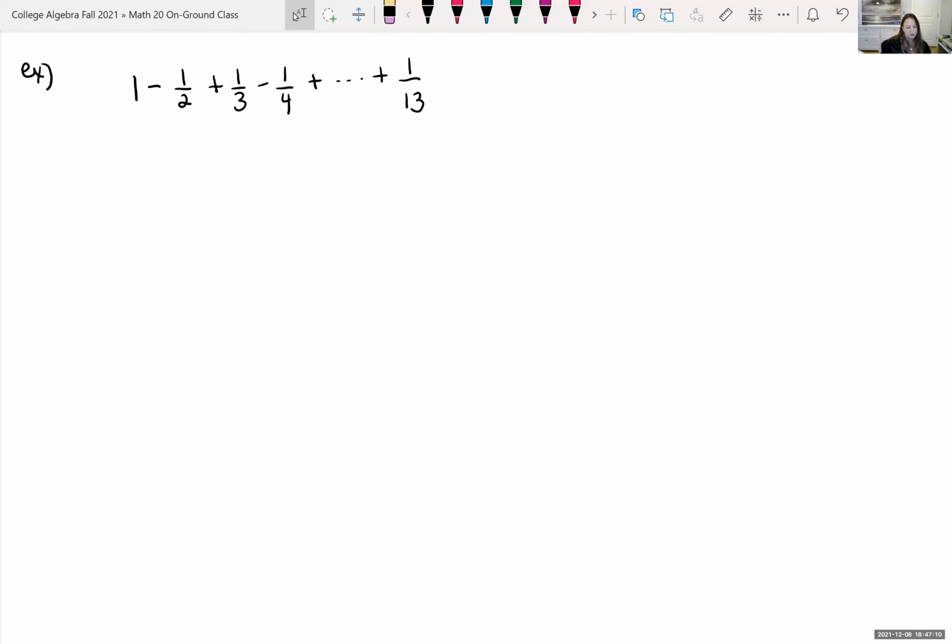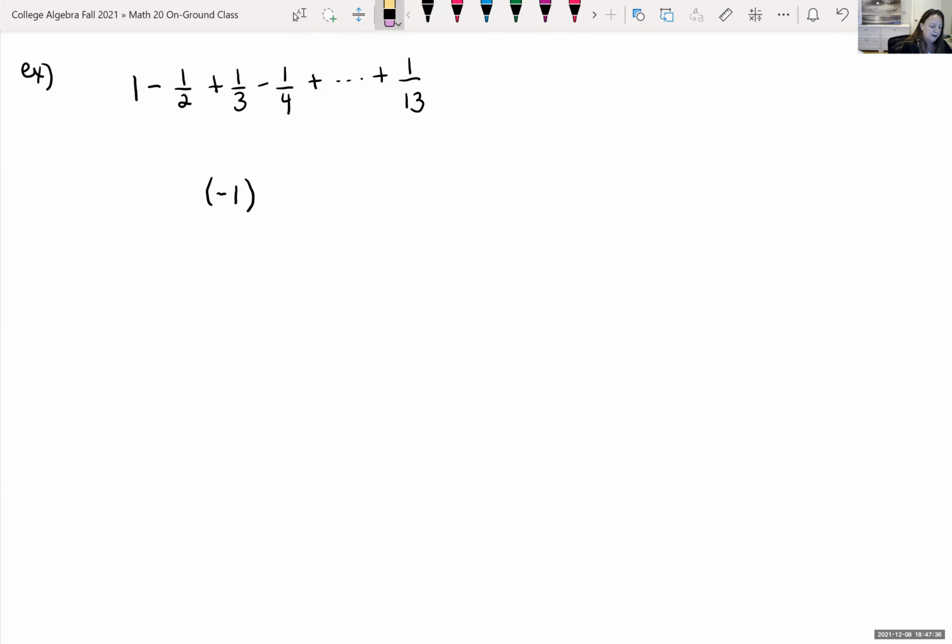So for this next problem, we're given the terms of the sequence, the sum and difference of the terms of a sequence, and it wants us to express this in summation notation. Okay, so I noticed that our signs are alternating, positive, negative, positive, negative. And so to get it in that form, we know we need negative 1 raised to the n power.